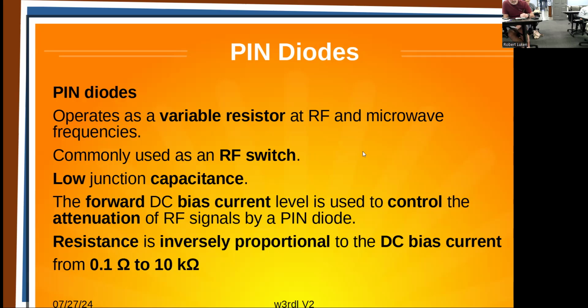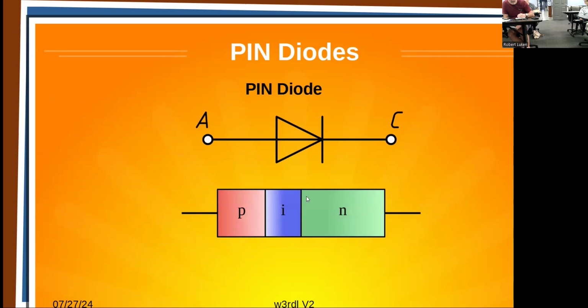So you don't have to physically turn a pot, you can do it electrically. It's constructed with those three layers, like I said. The symbol has the line going all the way through, so it's slightly different than your normal diode symbol.